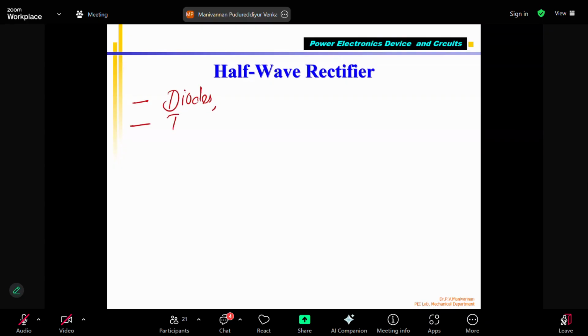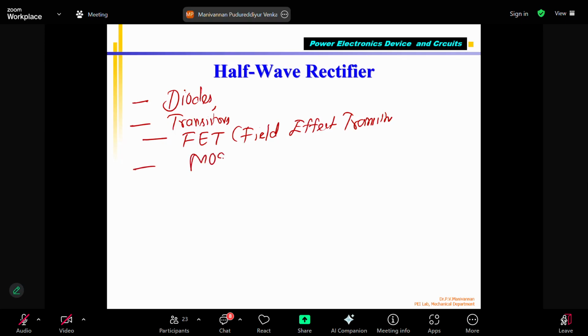Then transistors. The third one is the FET, which is called a field effect transistor. Then you have an advanced, better version called MOSFET. Correct? MOSFET we are going to see later. FET and this one we'll see.